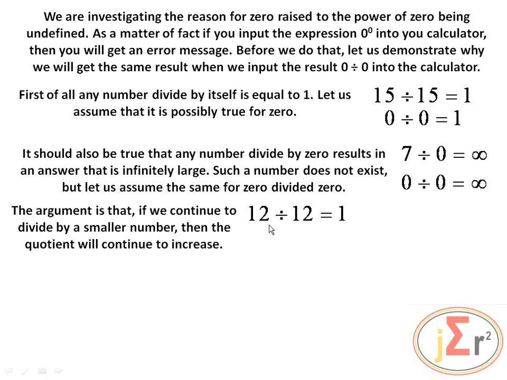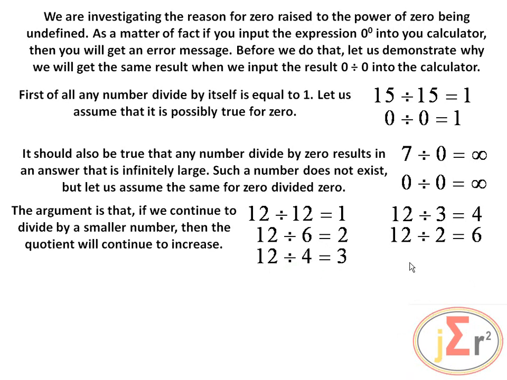So if we divide 12 by 12, the result is 1. Divide by 6, which is a smaller number, 2. So we are increasing. Smaller yet is 4. If we divide 12 by 4, we get a larger number. Even smaller than 4 is 3. When we divide by 3, we get a larger number still. Notice that the answer is increasing when we decrease the number that we are dividing by.